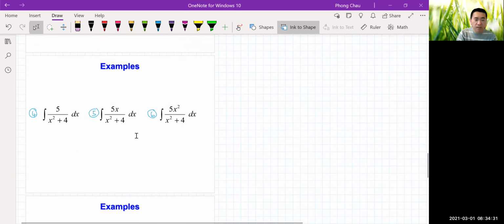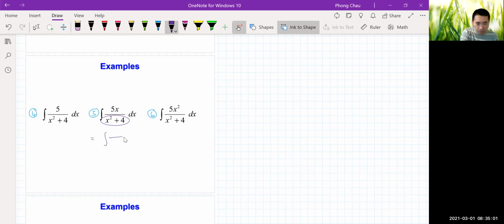I'm going to go with number 5 first because I could use the same formula that we did up there. So again, what's the derivative of x squared plus 4? It's 2x. You take the derivative of this, you get 2x. And so what you want is 2x instead of 5x. To modify, we will use the same techniques, but there's an extra 5 there.